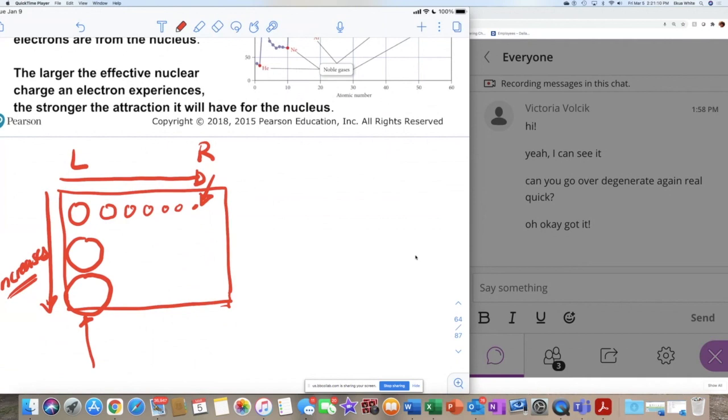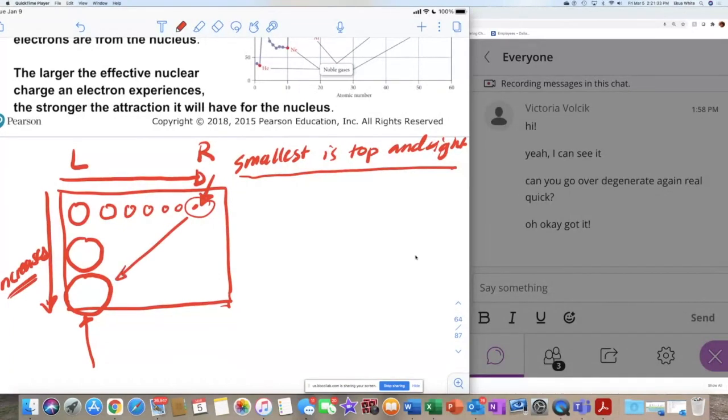From the picture I drew right here, smallest is top and right. So if you look at the top right of the periodic table, you should find the smallest element. And if you look diagonally opposite from it, or bottom left, you have the largest.